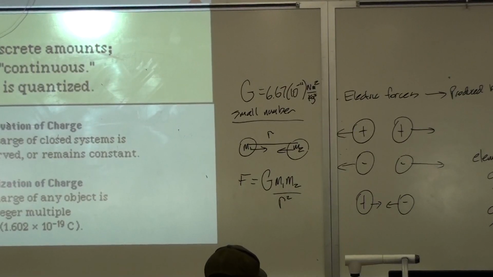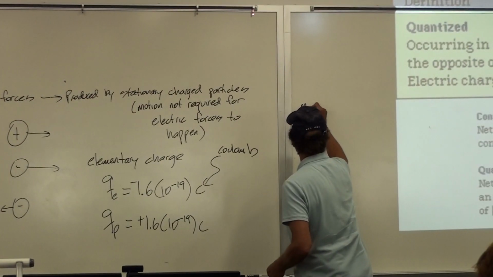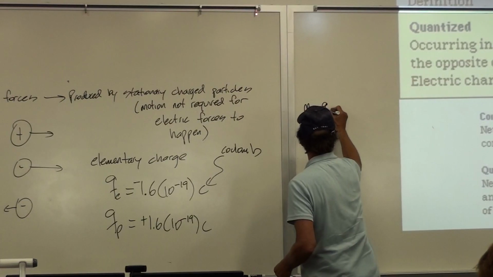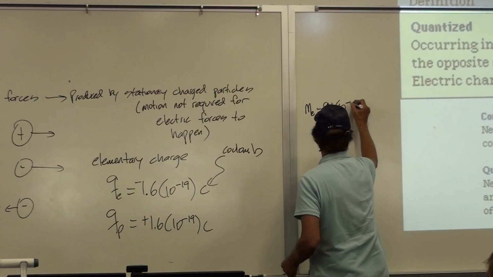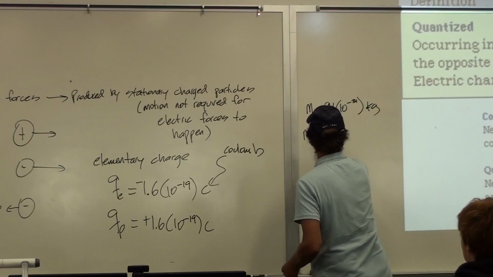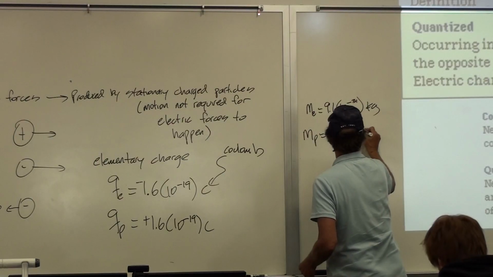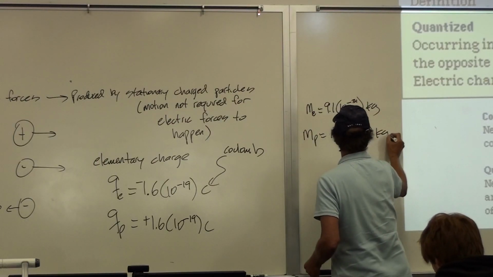Okay, and so the mass of an electron is about 1/2000th the mass of a proton. So even though the charges are the same, the mass of an electron is about 9.1 times 10 to the minus 31 kilograms, and the mass of a proton is 1.67 times 10 to the minus 27 kilograms.